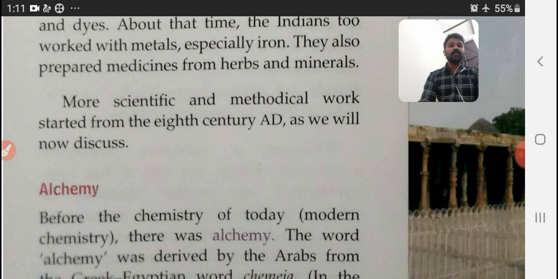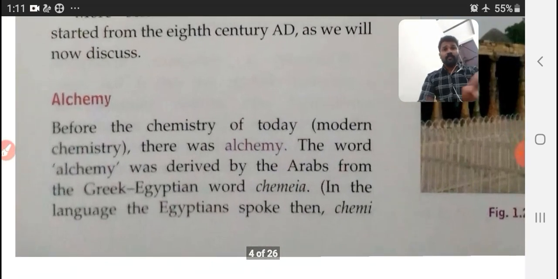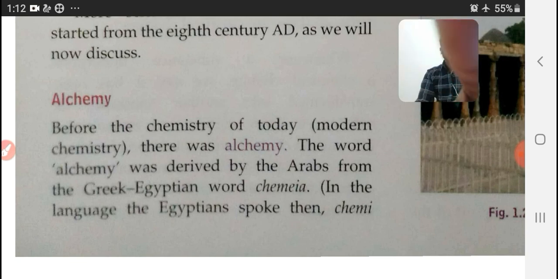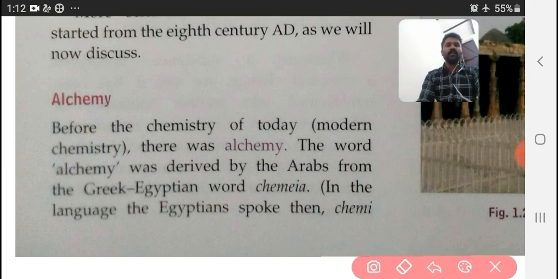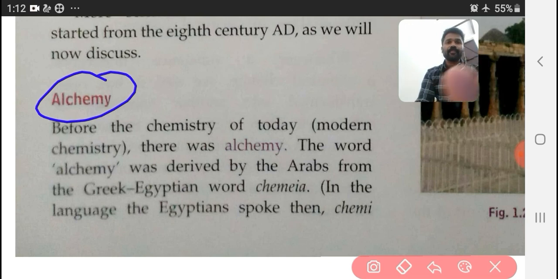Now we are going to discuss elaborately the history of chemistry, how chemistry evolved. Before the chemistry of today, there was alchemy. Here we are going to get a new word, alchemy.